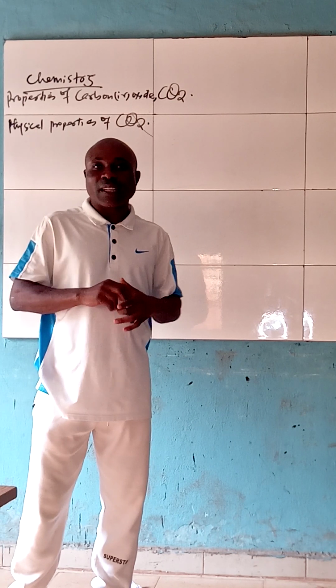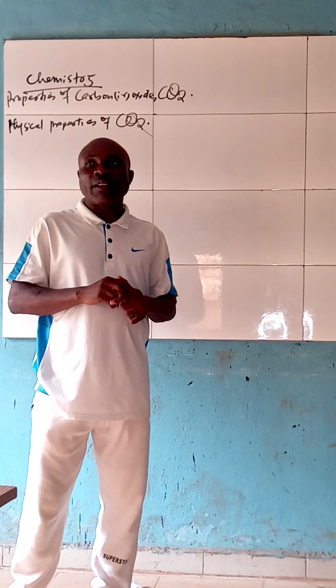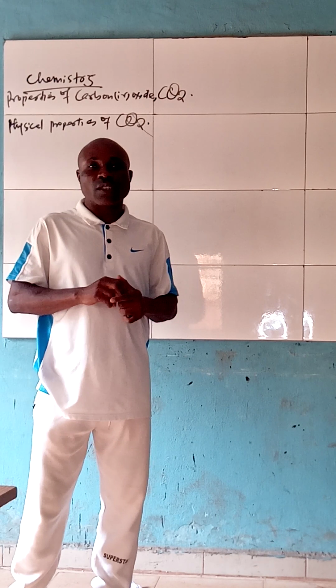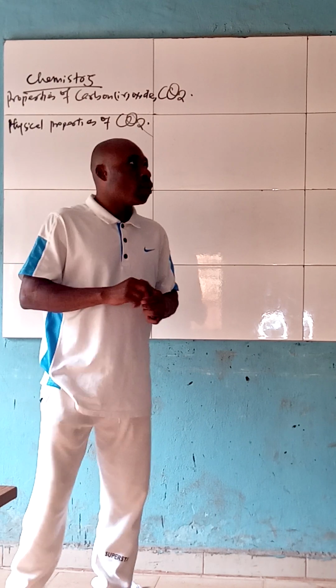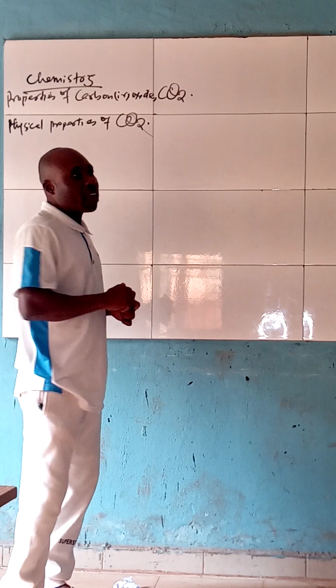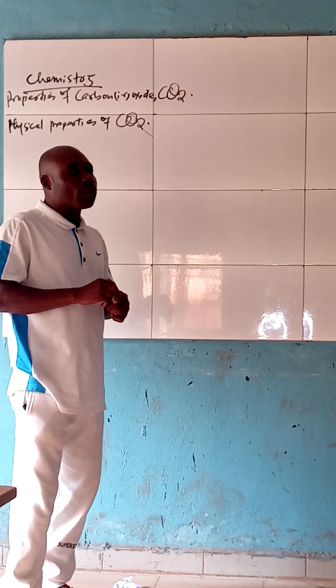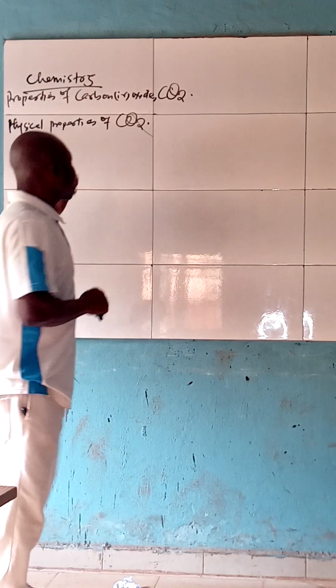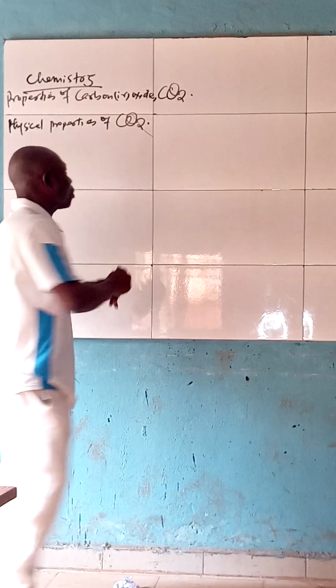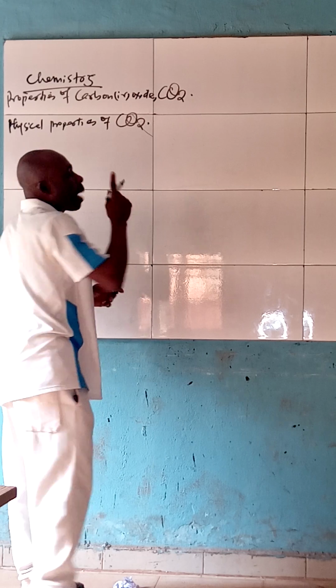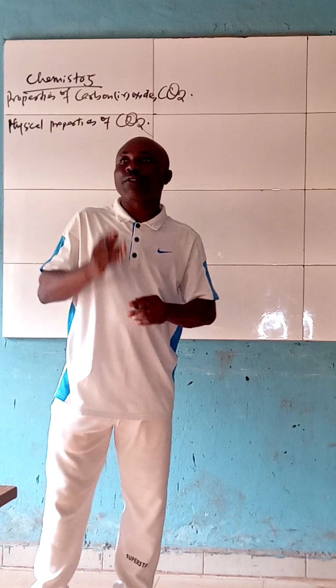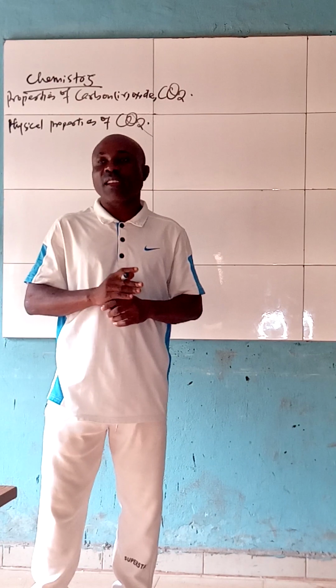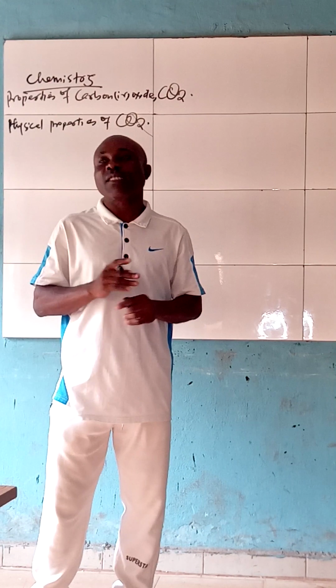Now compare that with the relative molecular mass of air, which is around 29. 44 by 29, you have around 1.5, which means that carbon oxide, CO2, is about 1.5 times denser than air.